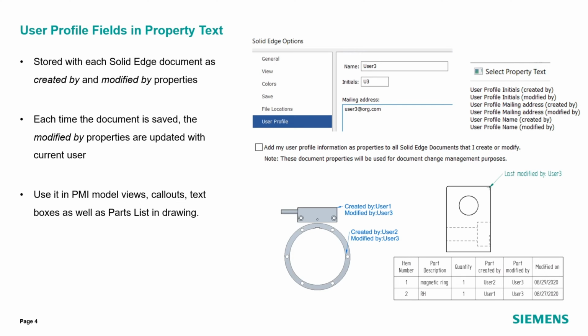User profile initials, created by or modified by. Then we have user profile mailing address, created by, modified by, and then you have user profile names, created by and modified by. This user profile information can be added not only to the parts list but also to the PMI model views, callouts, and text boxes, as you can see from some of the screenshots attached here.